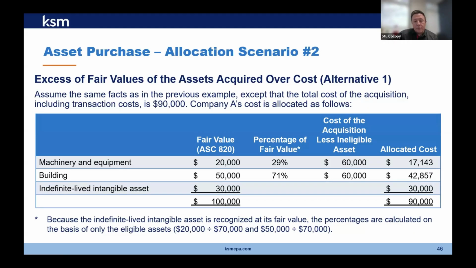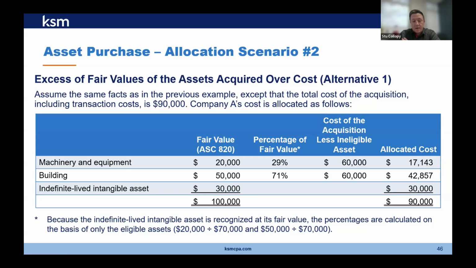So scenarios 2 and 3 are going to have a couple different alternatives, but the key to look at here is that the cost initially was less than the fair value. So under scenario 3 that I'm going to switch to here in a second, you can include intangible assets. It gives you the option to include intangible assets within the calculation.